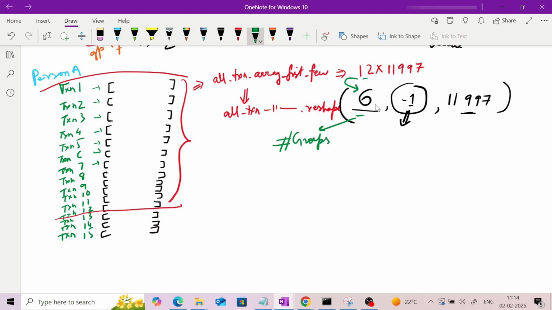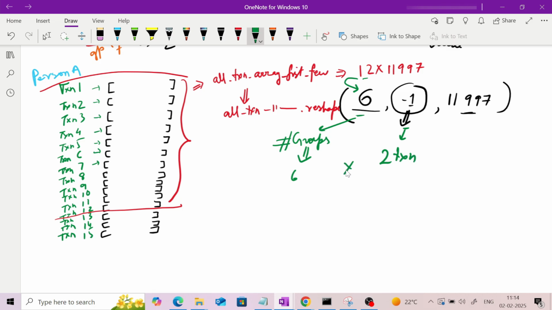So in this particular case it's 6 groups, and the second dimension basically says how many transactions should be present in each group. Here it automatically understands that there should be 2 transactions in each group.